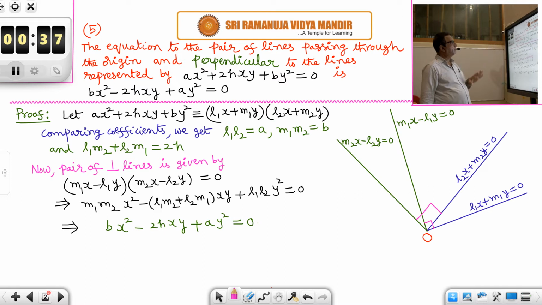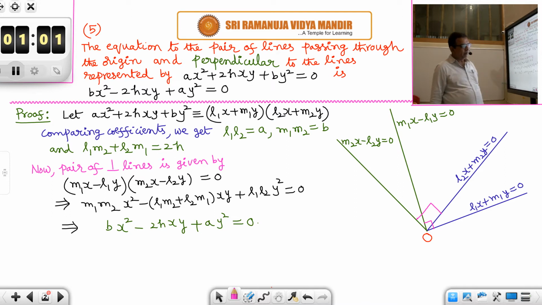The equation to the pair of lines passing through the origin and perpendicular to the lines represented by ax square plus 2hxy plus by square is equal to 0 is bx square minus 2hxy plus ay square is equal to 0.